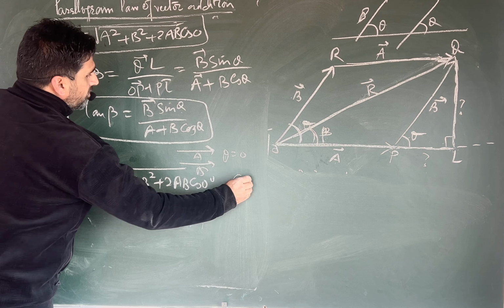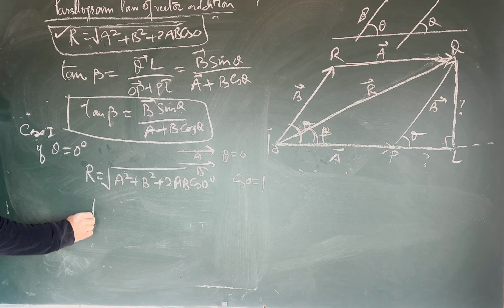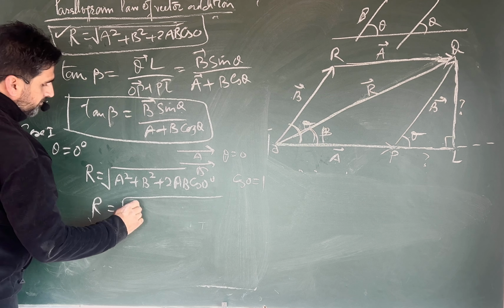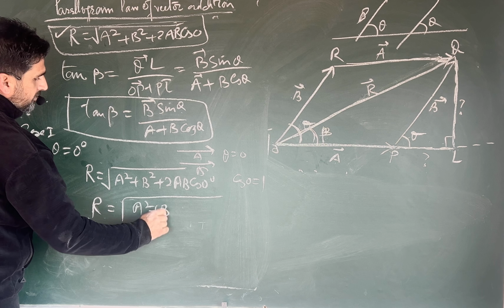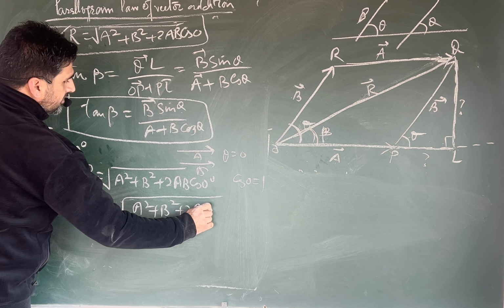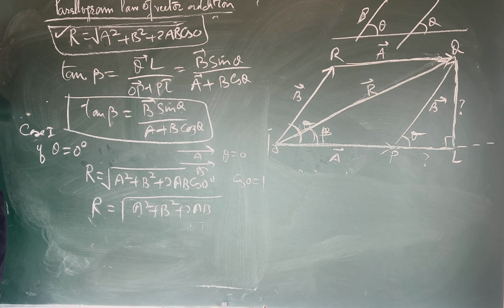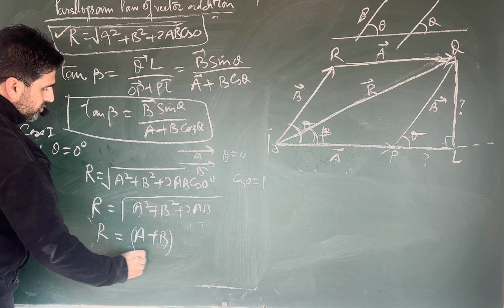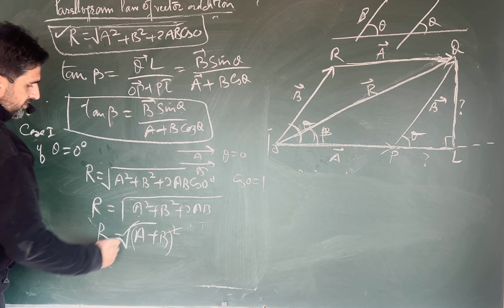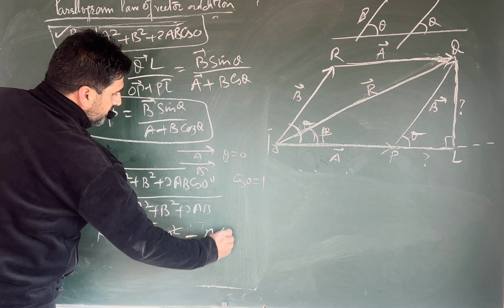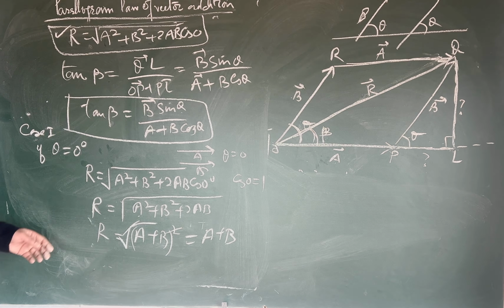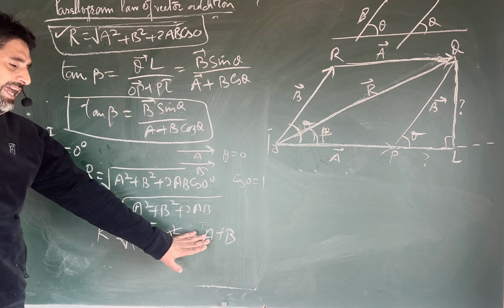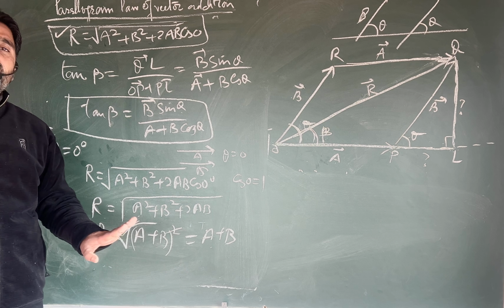And you know cos 0 degree is 1. So R is equal to under root of A square plus B square plus 2AB. You know this is a formula, so R is equal to root of (A plus B) square, the square root cancels, and R is equal to A plus B.